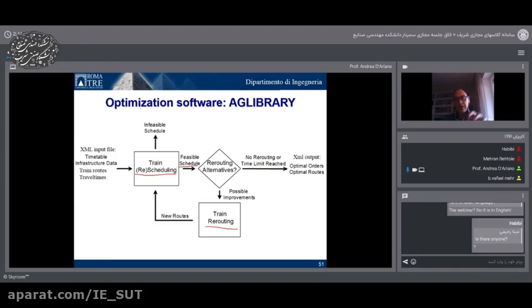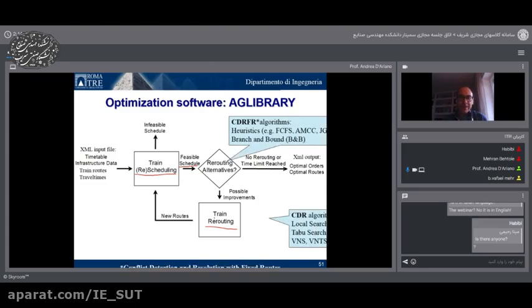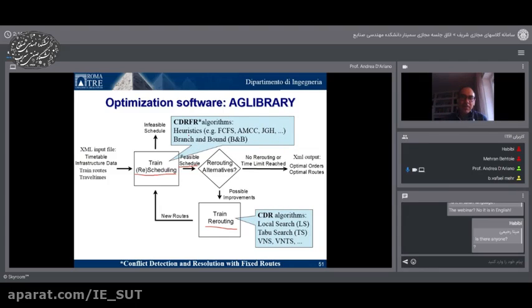So, as you see, the decomposition that we propose is grouping two different classes of variables. In the train scheduling problem, timing and ordering variables. In the train routing problem, only the routing variables. With this decomposition, we developed several algorithms, both heuristics and exact methods: a branch and bound algorithm for the scheduling problem.